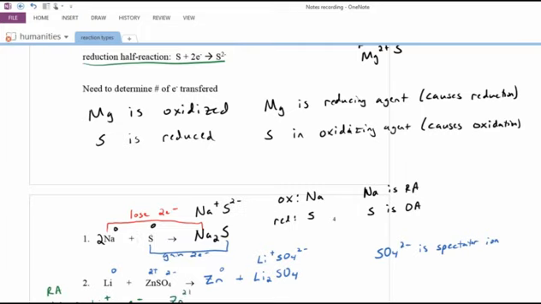And zinc with its 2+ went to zinc. So it had to gain 2 electrons to do that. So that was the reduction. So Zn2+ was the oxidizing agent. We would need to balance this whole equation with a 2 in front of lithium.